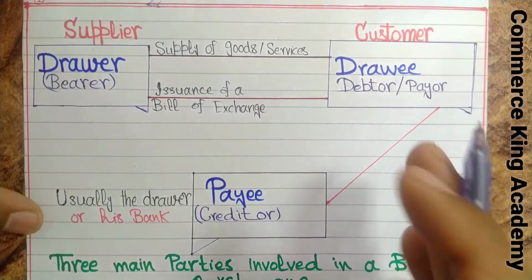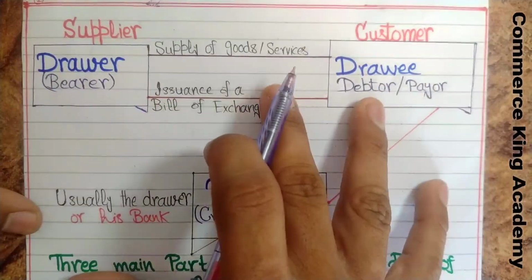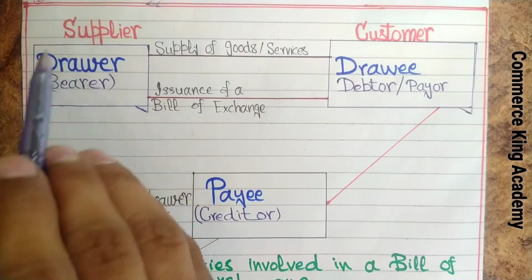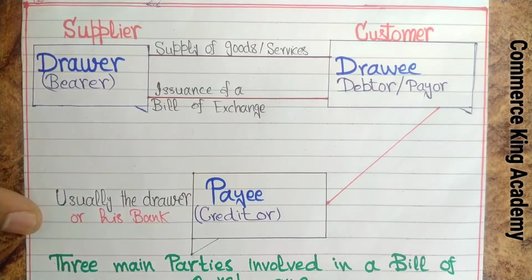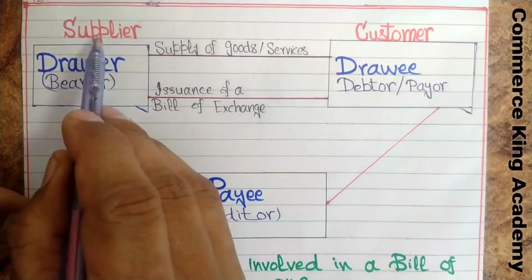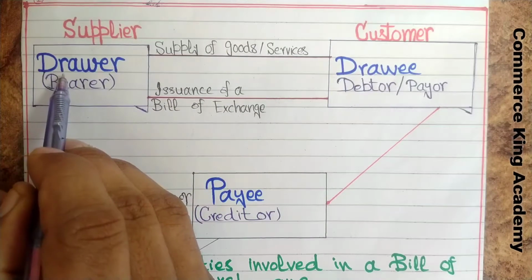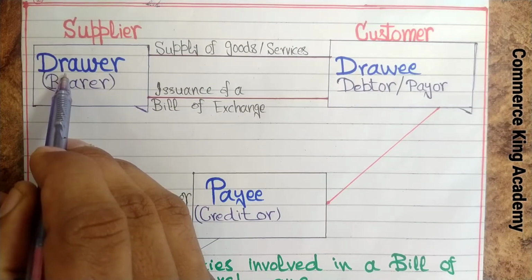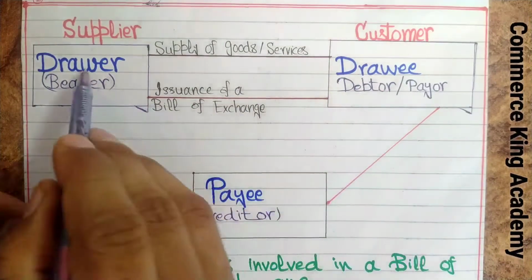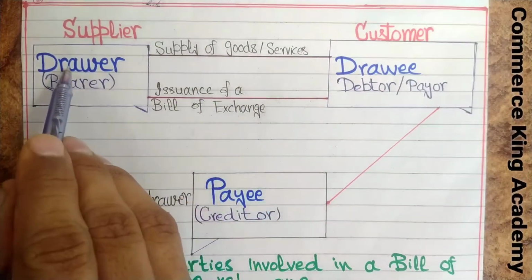You have a clear understanding about this format. So drawer, bearer or supplier is the same person. Supplier is the person who supplies the goods or services. The drawer is the person or supplier who draws a bill on the drawee, so this is the issuance of a bill of exchange by the drawer.